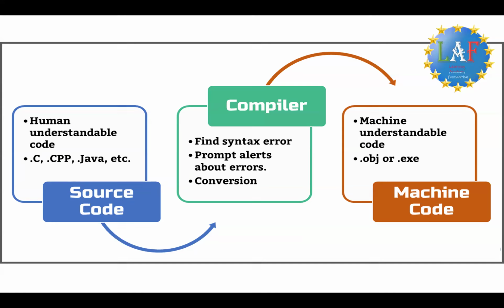It finds syntax errors, prompts alerts about errors, and converts it before running it into machine code, with files like OBJ or EXE. So it's fast, but requires all errors to be fixed first.